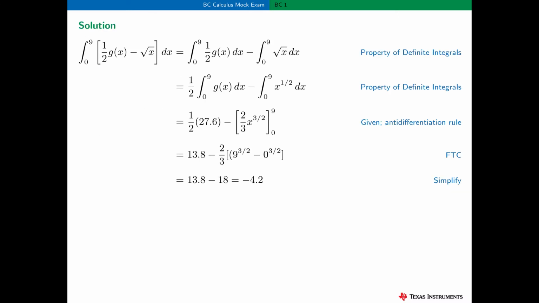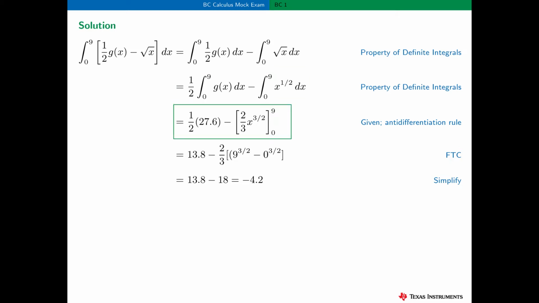Let's use these ideas to solve this problem. In the first step, I used the concept that the integral of a difference is the difference of the integrals. Here, I brought the constant 1/2 through the integral sign, and I wrote the square root using an exponent.